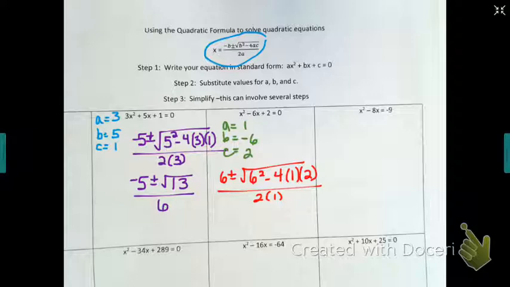Alright, so then I'm going to put this in the calculator. 6 squared minus 4 times 1 times 2.